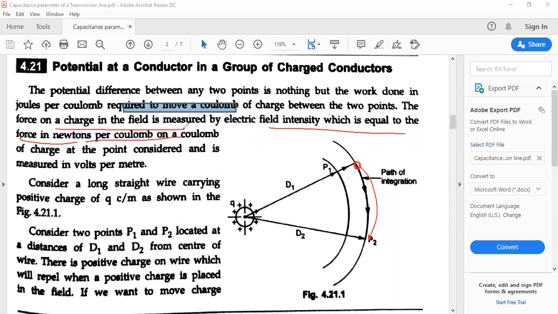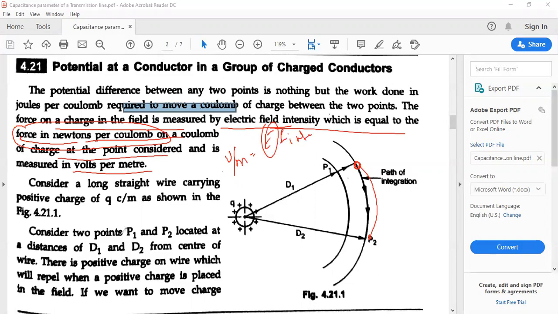This force on a charge in the field is measured by the electric field intensity, which is equal to the force in newtons per coulomb, the force per unit charge at the point considered, and it is measured in volts per meter. That is the electric field intensity.